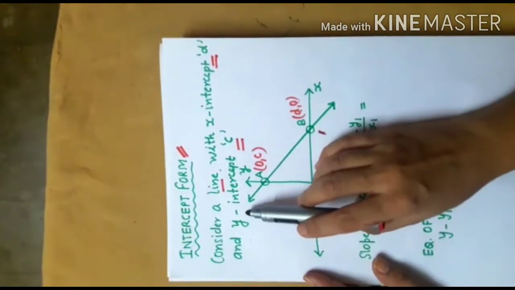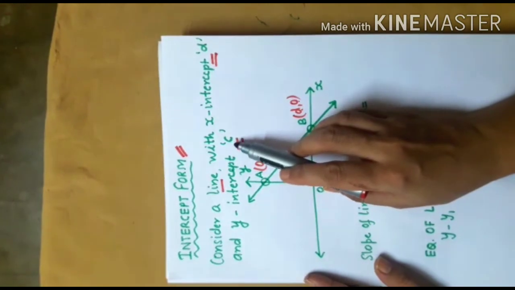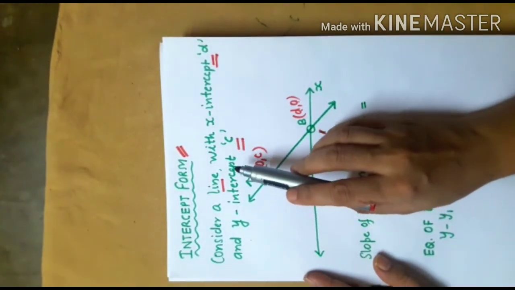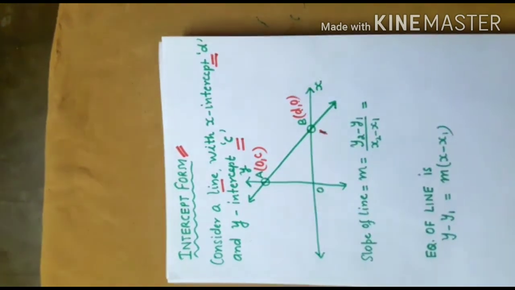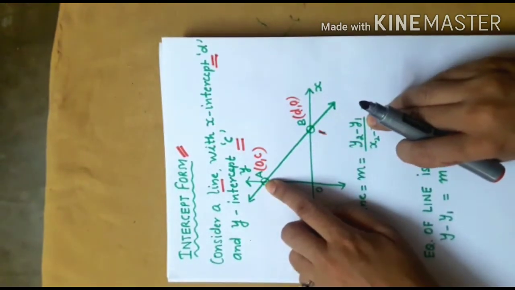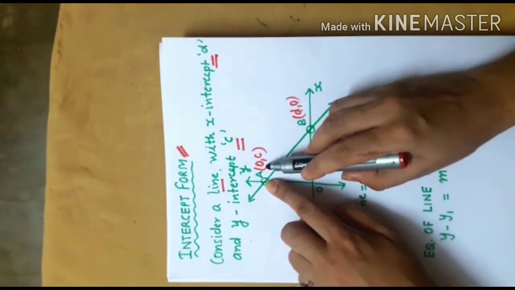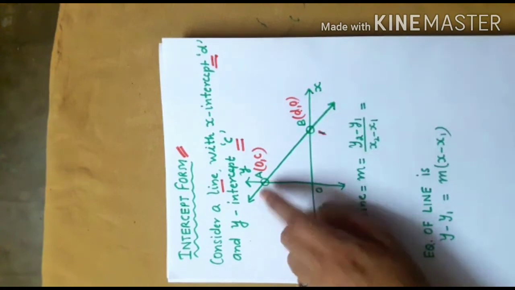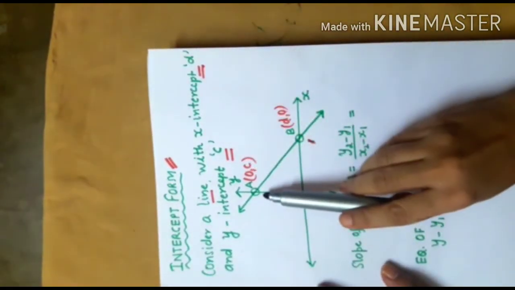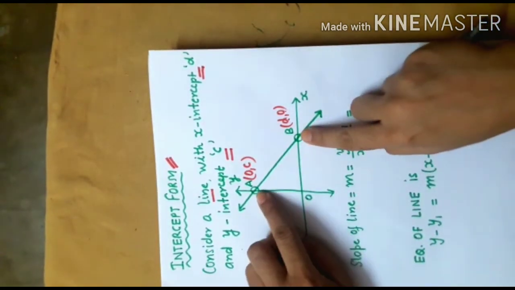Similarly, the y-intercept is c, so the line will intersect the y-axis at the point (0, c).